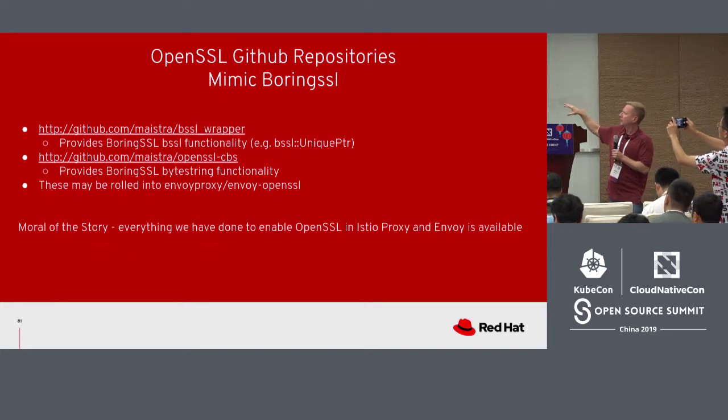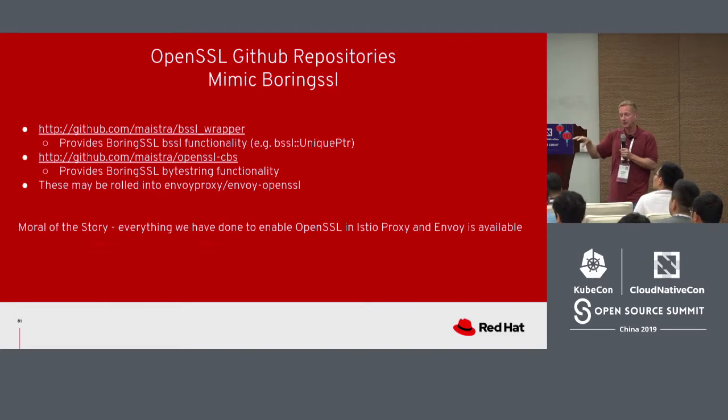This is where we've had to create two other repositories. It became so problematic to talk directly to the OpenSSL API for what they can do in BoringSSL that we've had to simulate some BoringSSL functionality on top of OpenSSL, and that's what these two are.